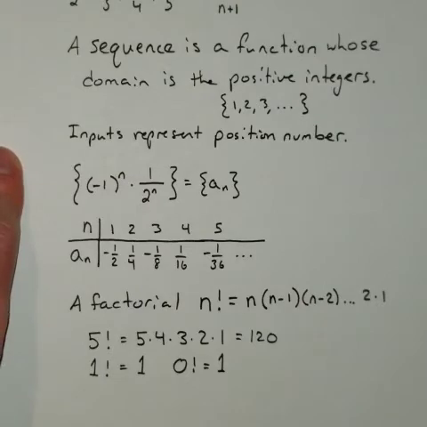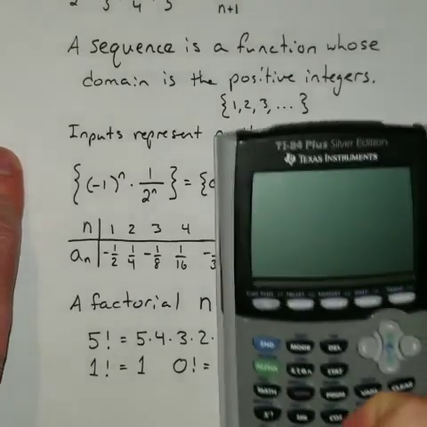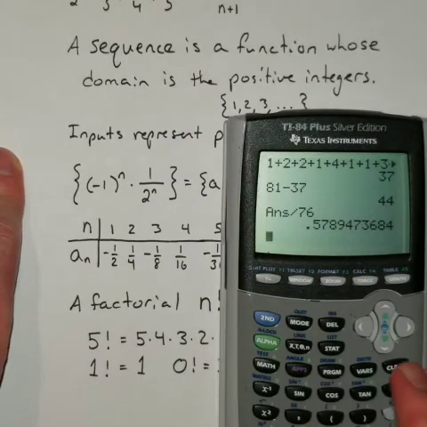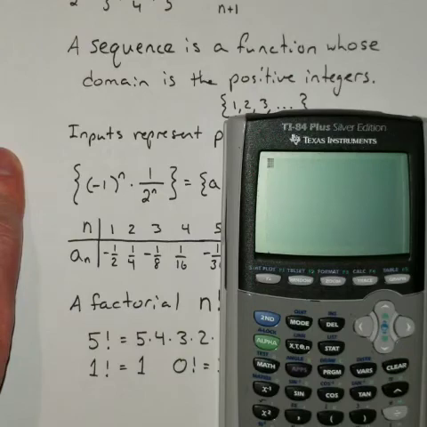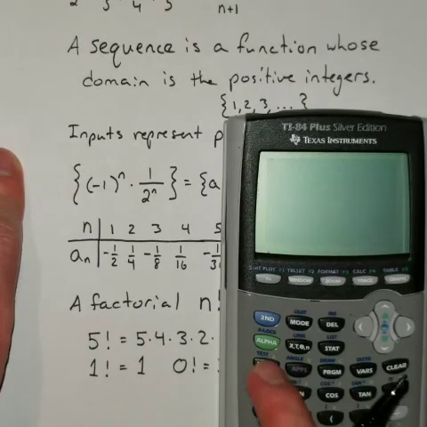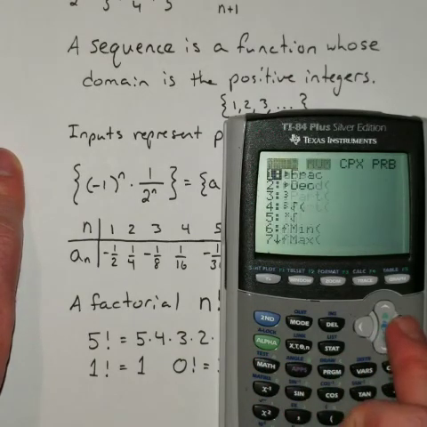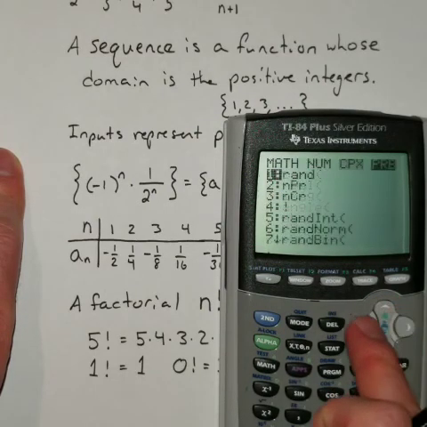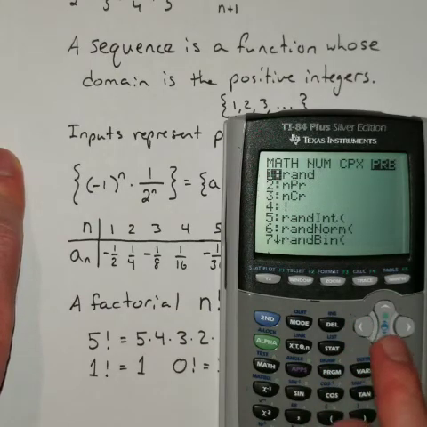Okay? Your calculators can even do factorials. I just got to find the button. I think it is under the math menu. There it is. It's under probability.